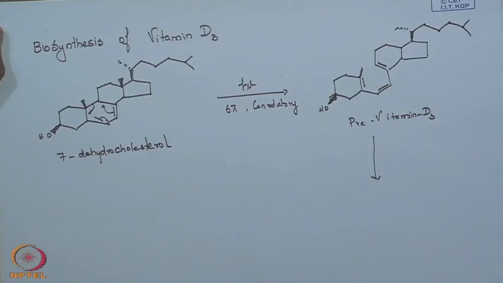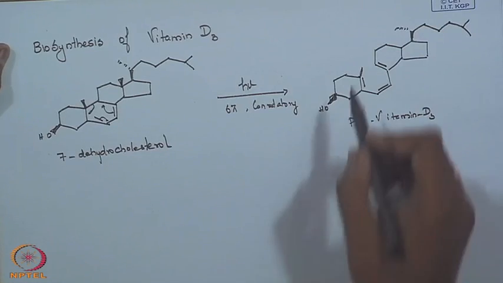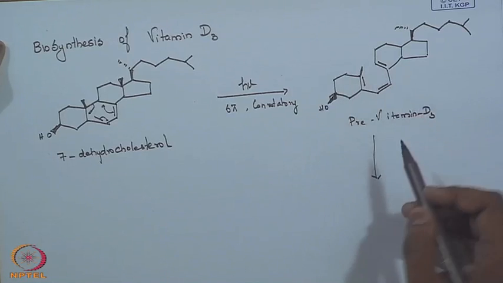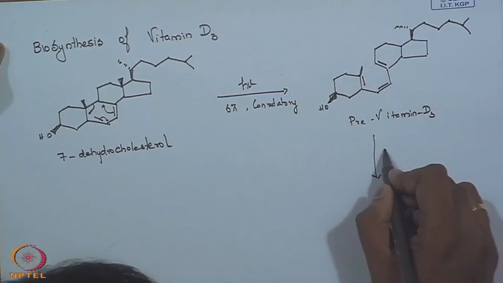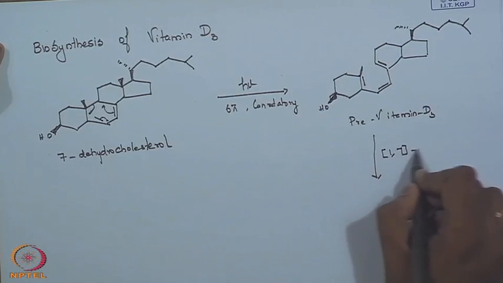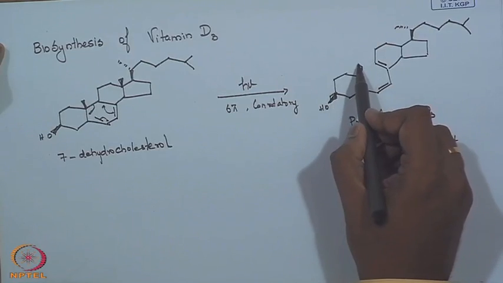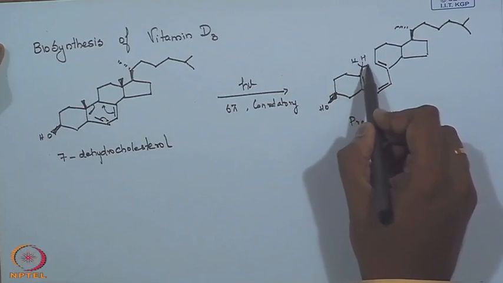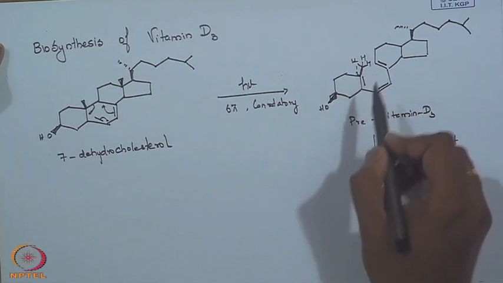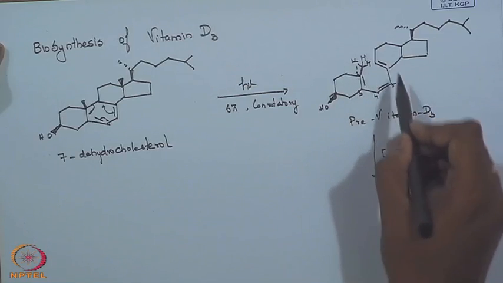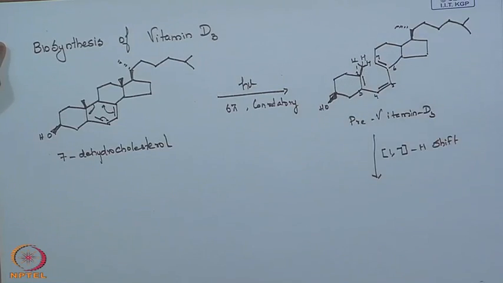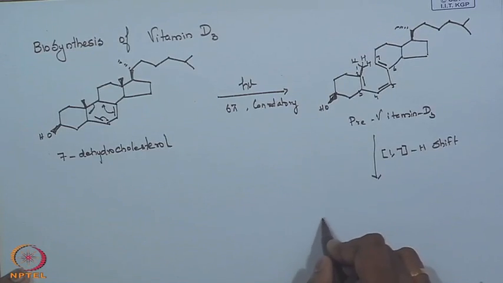Any idea? Yes, nice. It should be a 1,7 hydrogen shift, because you have this methyl and this proton. Counting 1, 2, 3, 4, 5, 6, 7, it can easily undergo a 1,7 hydrogen shift to give you vitamin D3.